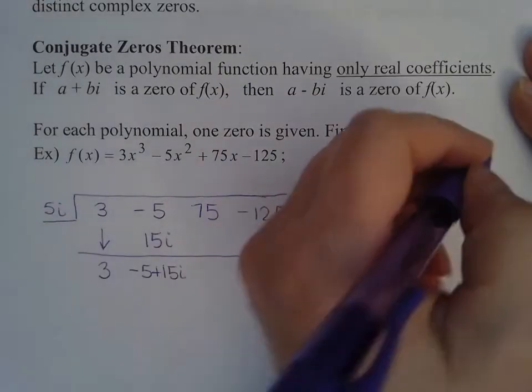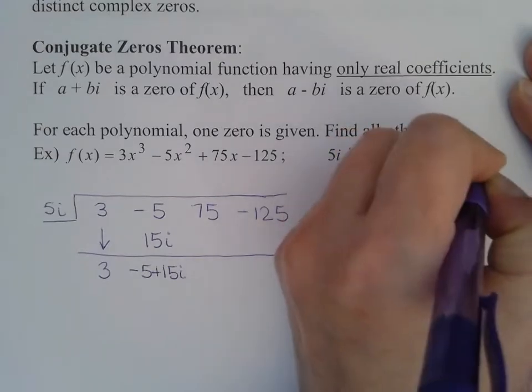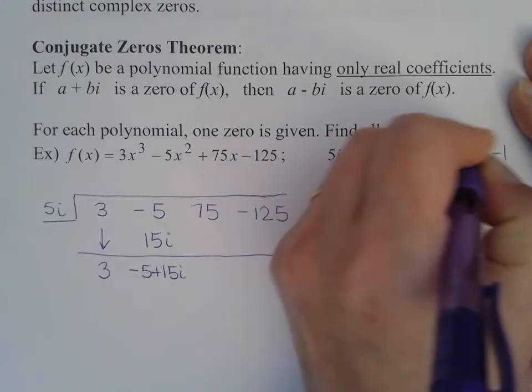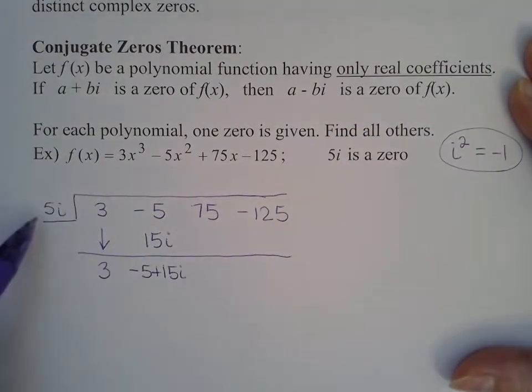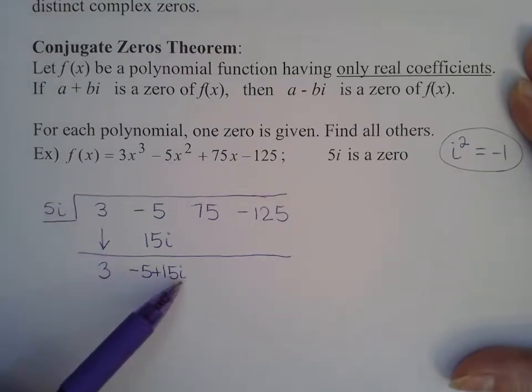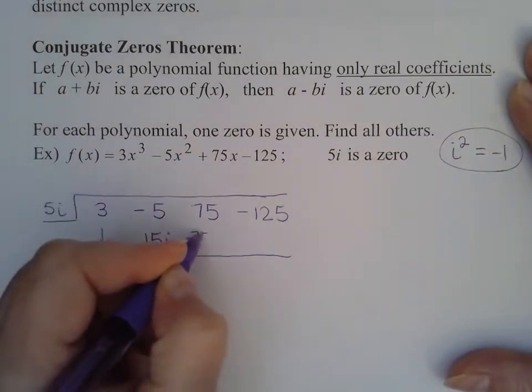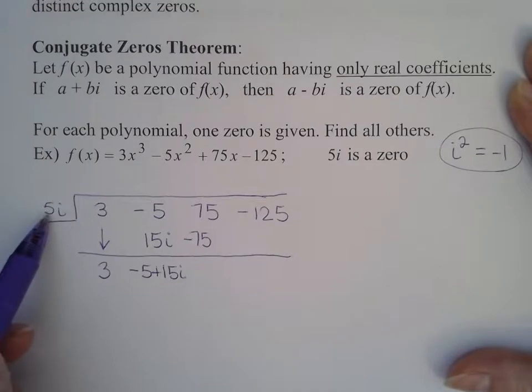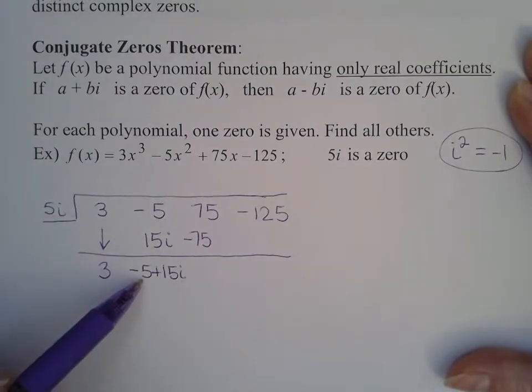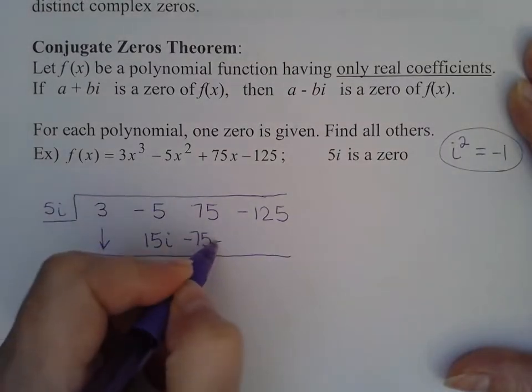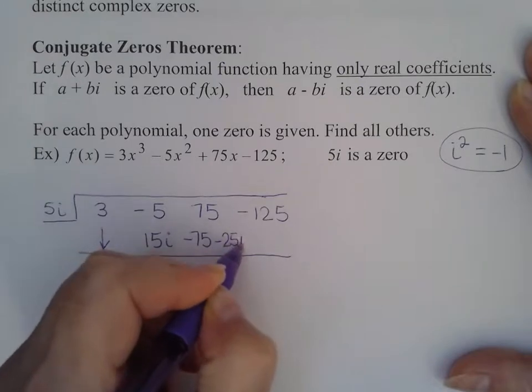Don't forget, I'll just write it off to the side, i squared is negative 1. So I'm going to do that part first. If I did 5i times 15i, that would give me 75i squared. i squared is negative 1, so that would give me negative 75. And then if I did 5i times negative 5, I'll have minus 25i.